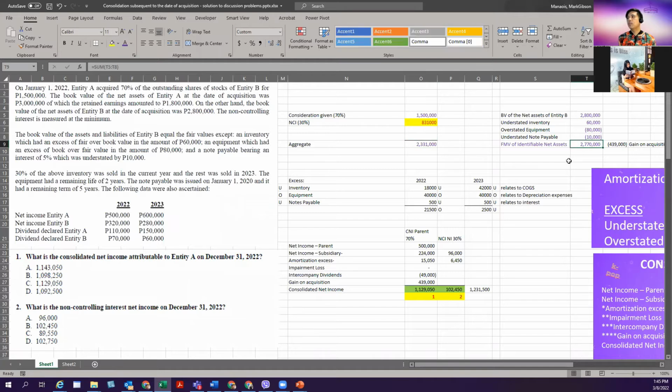Compare ngayon natin doon sa fair market value ni entity B. So in this case, meron tayong gain on acquisition. Kasi kung napansin mo, ang binayad lang natin 2,331,000, and yet, yung total fair market value is 2,770,000. So meron tayong gain on acquisition amounting to 439,000. Ito ha, the standard will require us to revisit. Check nyo.